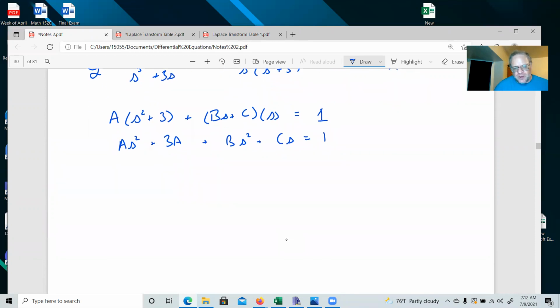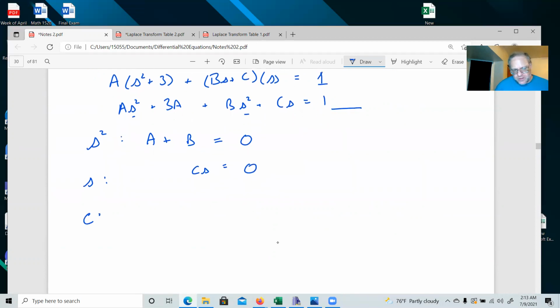Okay, so my s squared terms, we have A plus B. How many s squareds do I have over here? None. How about my s's? We got a Cs. No other s's. How many s's do I have over on this side? None. And then our constant term, we have 3A equals 1.